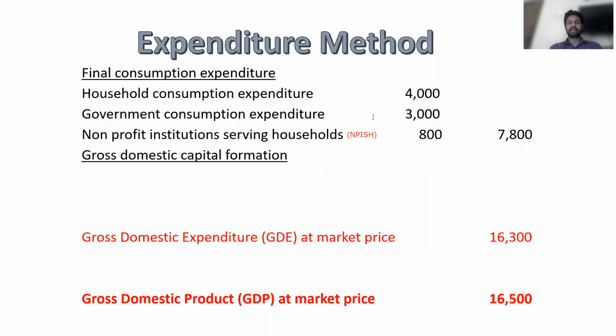Their target is providing particular support for people in the society. So all their expenses are captured here. Then final consumption expenditure includes these three.